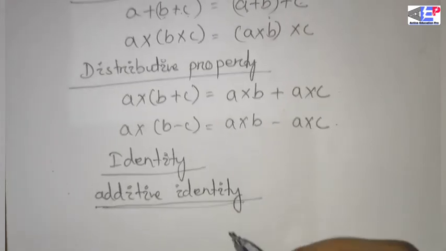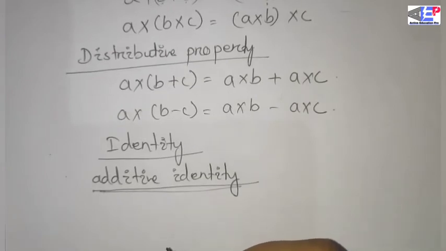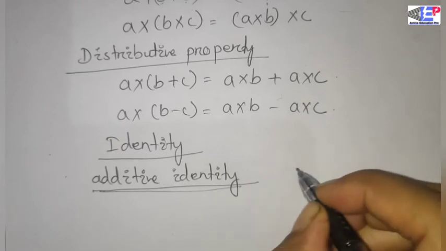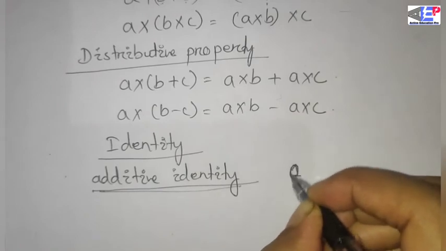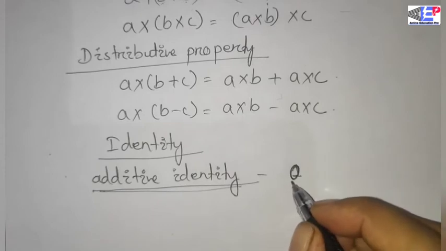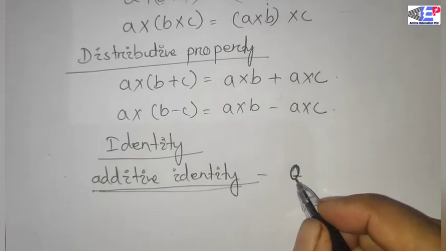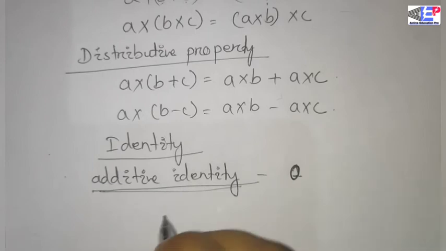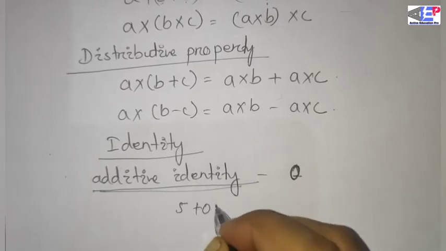For additive identity, at the time of addition, add such a number that has no effect on the value, no changes, the result remains the same. Additive identity is 0. If you add 0 to any number, it will be the same number itself. 5 plus 0 is equal to 5.